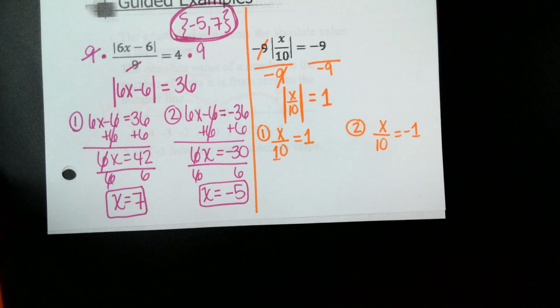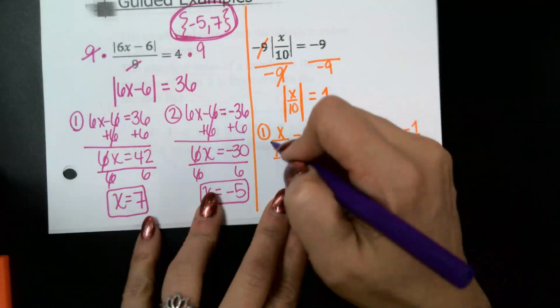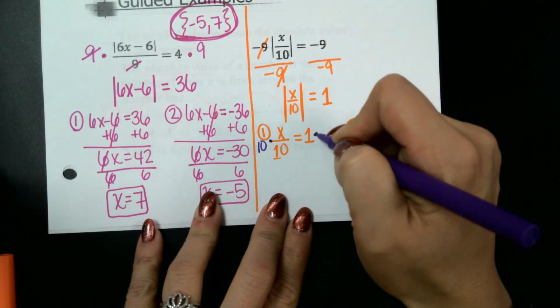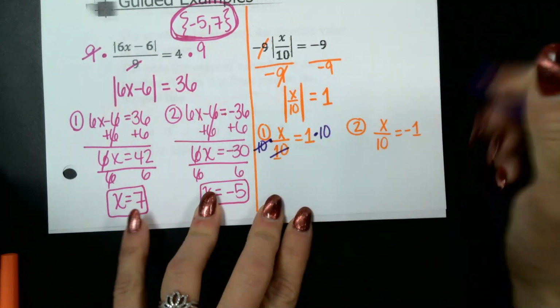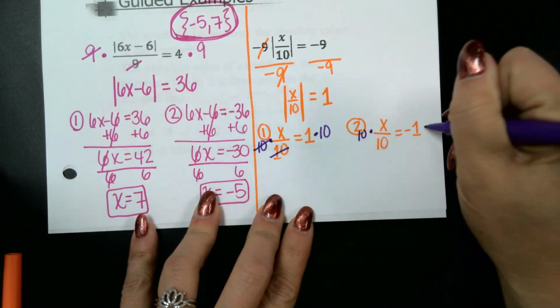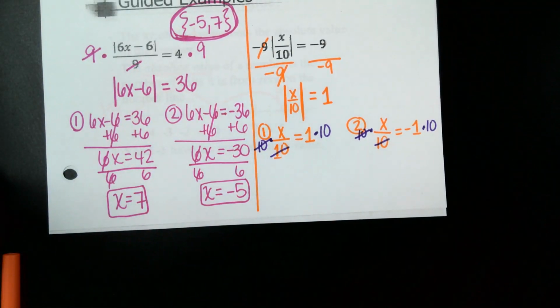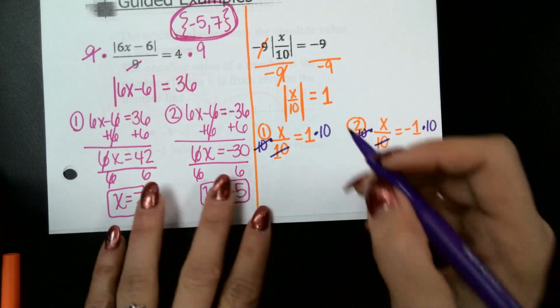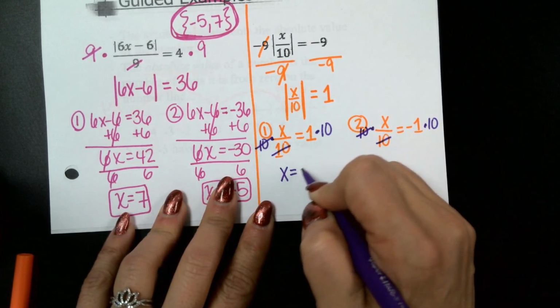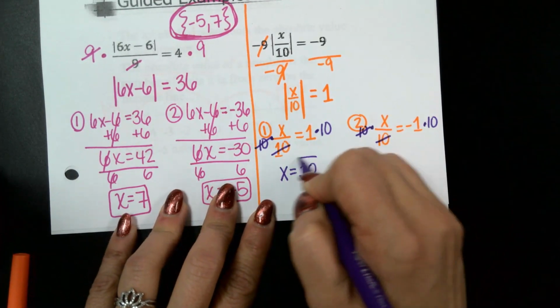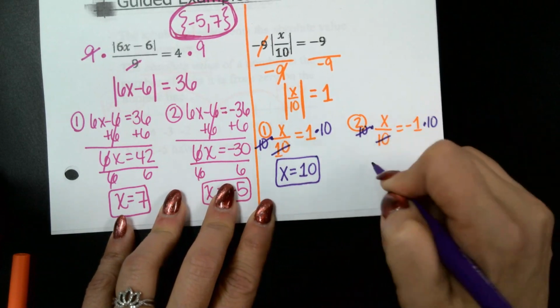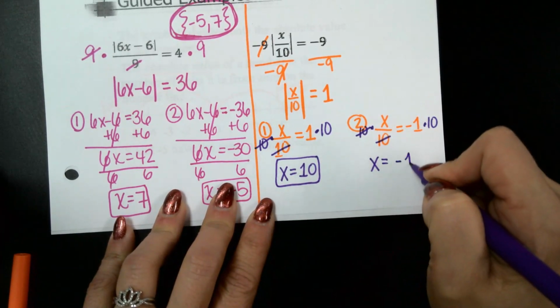And how do we solve them? It's just one step. Multiply by 10. Remember before when I said typically you don't get answers that are just opposites of each other? This is the only time that you will get answers that are opposites, because we're just multiplying. We're going to get x equals positive 10 and x equals negative 10.